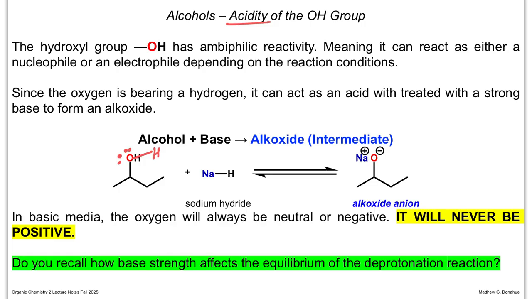But now we're under basic conditions. So the reaction medium is basic. We're going to use this reagent, sodium hydride, so Na+ H-. This is a pretty strong base. The pKa value of this OH group is about 16 to 18.